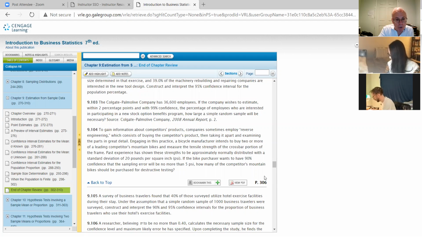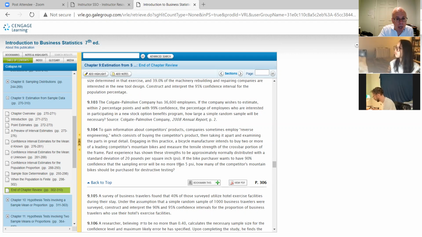Past experience has shown these strengths to be approximately normally distributed with a standard deviation of 20 pounds per square inch, PSI. So we have our standard deviation, which is a population standard deviation, correct?